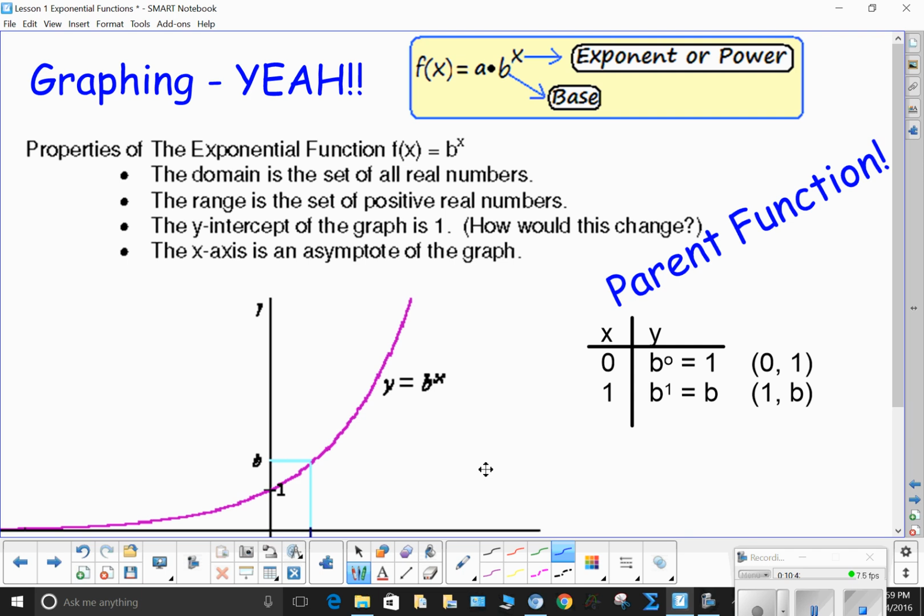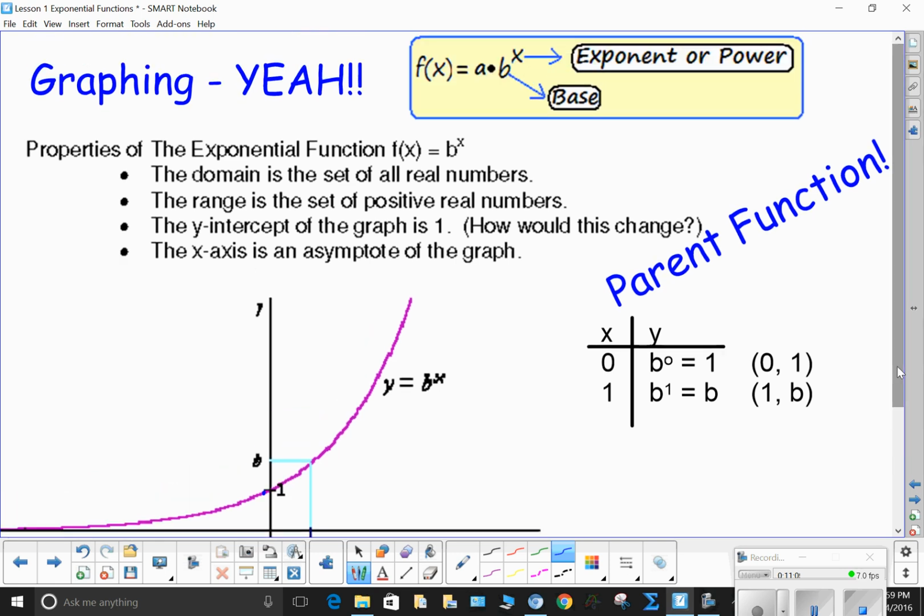It's a horizontal asymptote. Now remember, anything to the 0 power is 1, so whatever your base is, that base to the 0 power is 1, and that b to the 1 is b. So here you can get 2 points. You know you've got your asymptote, and it just increases exponentially.